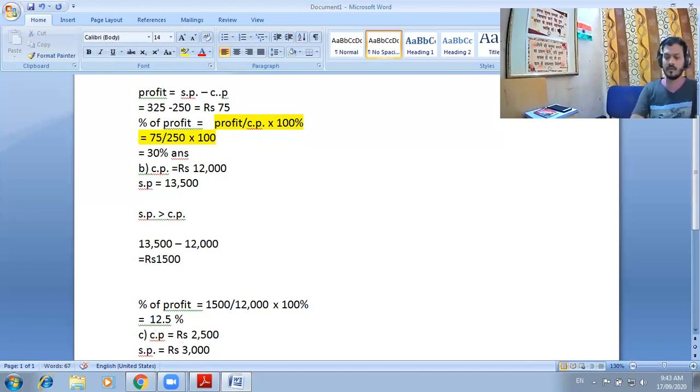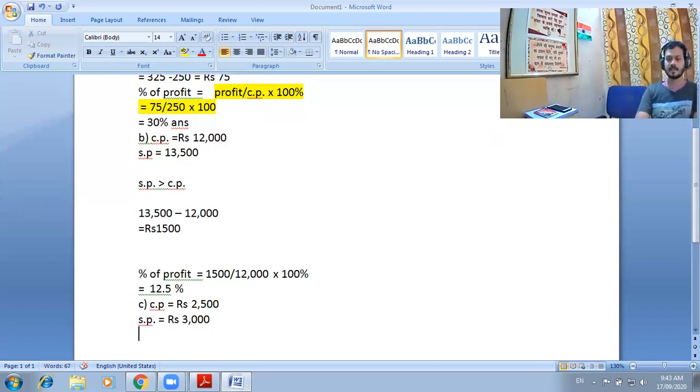Again SP is greater than CP, so it is clear we are getting profit. Reply me, yes or no. Yes. So what is the formula for profit? Profit equal to SP minus CP.